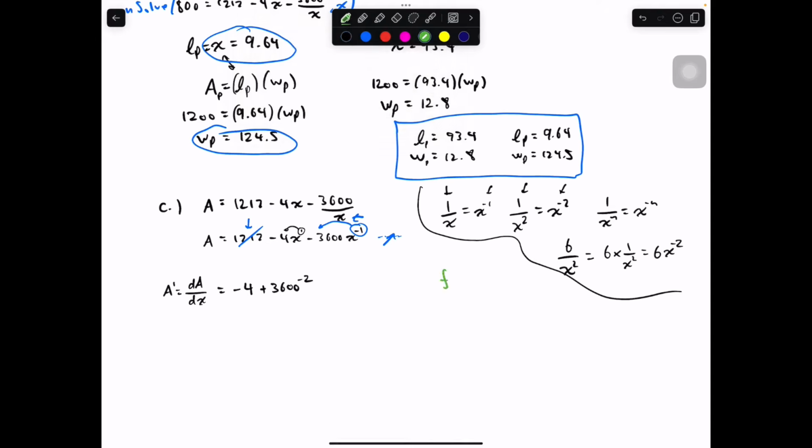If we have some function f of x is equal to x to the n, when we take the derivative, we're multiplying this exponent out in front, and then we're reducing it by 1. That's exactly what we did here. We had negative 1, multiplied it out in front, and then we reduced it by 1. So there it is. There's our derivative.